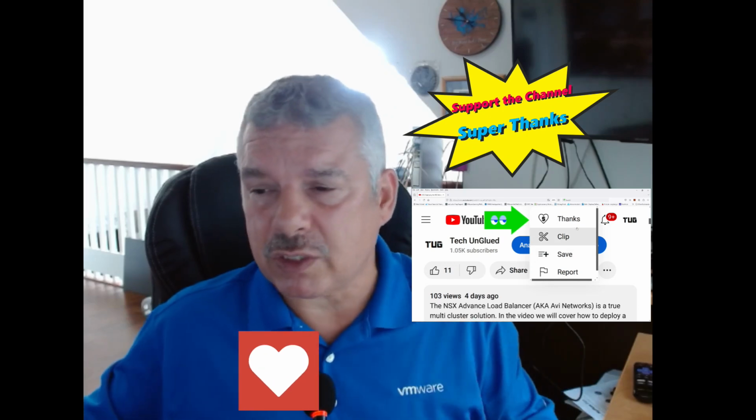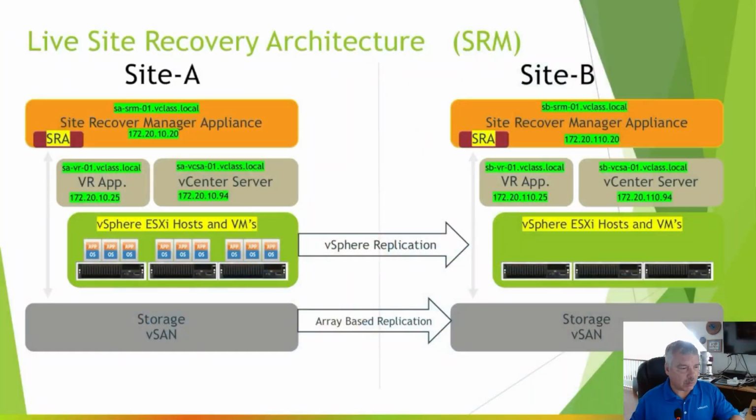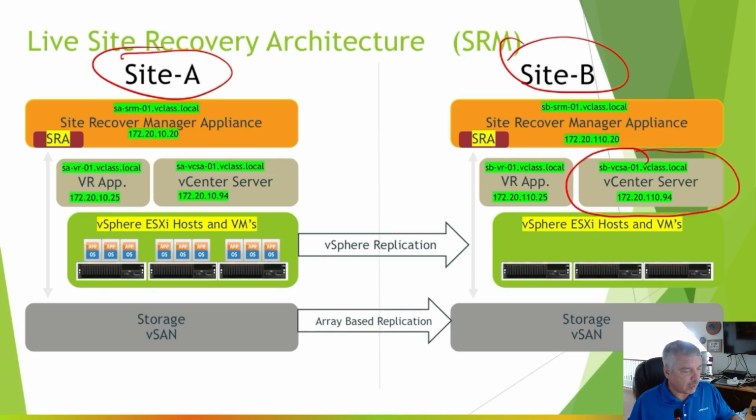So before we get started, I want to show you something here. This is how I got my site set up. I'm calling it Site A and Site B. It doesn't really matter. I've got a vCenter server on Site B and a vCenter server on Site A. This one's called Site A VCSA vCenter server appliance -01.vclass.local, and its IP is 172.20.10.94.